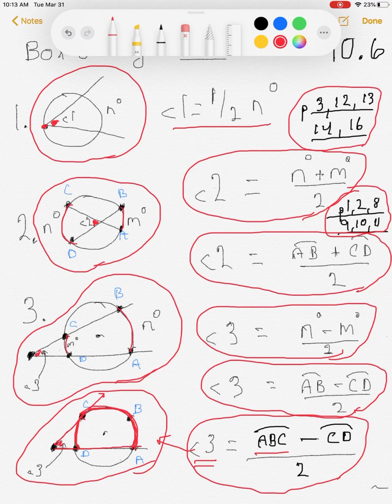I'm going to take the measure of arc BDC, subtract 99, and divide by 2 to find the measure of angle A. The way I'm going to find the measure of arc BDC is I'm going to take 360, subtract 99, because the total measure of the circle is 360.